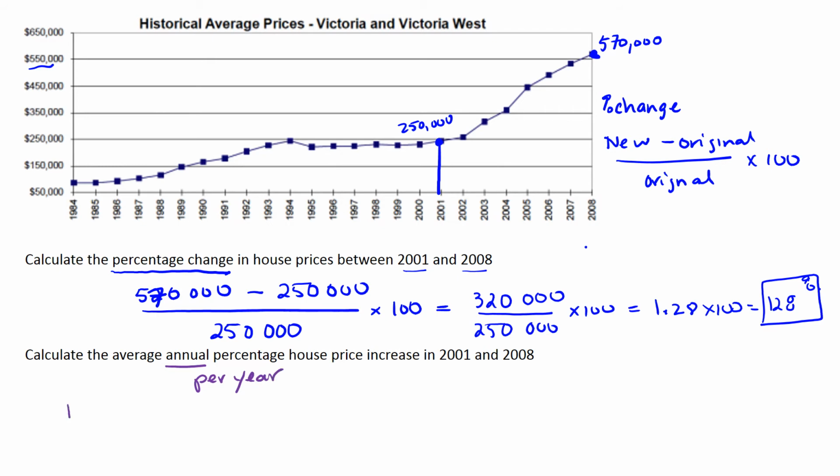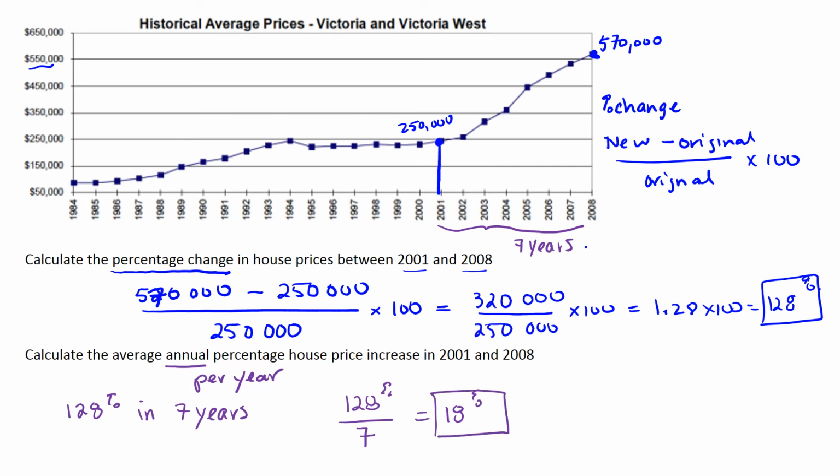So if we know it increases 128% in 7 years, and it's 7 because this is 7 years, then to figure out how much it increased in 1 year, we take the 128% and divide it by 7 to get 18%. So it increases 18% every year between 2001 and 2008. That's the average annual percentage increase.